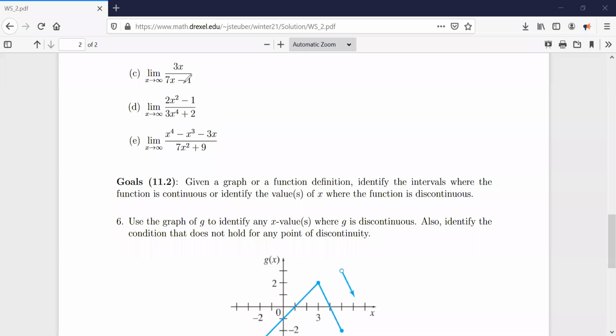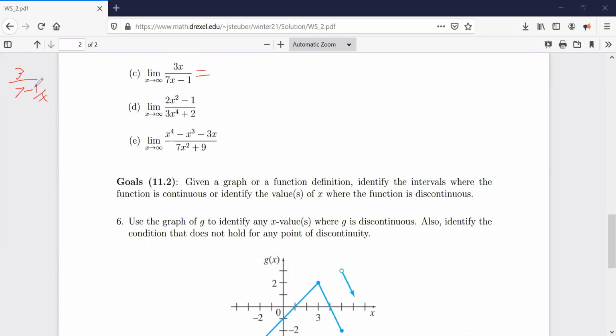Do you guys remember what rule I said with the previous problem for this one? The ratio. Divide the top and the bottom by the highest power in the denominator. Yeah, you could go through that whole process, be a little bit more formal about it, and then you would get 3 divided by 7 minus 1 over x.